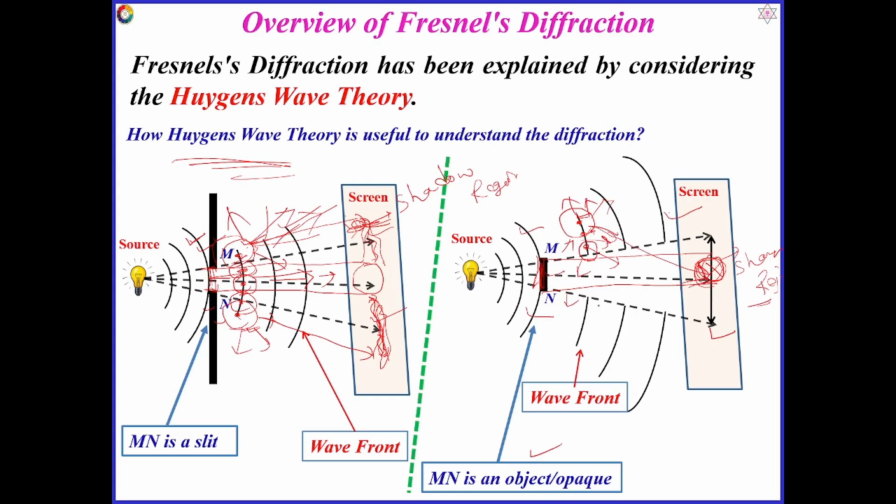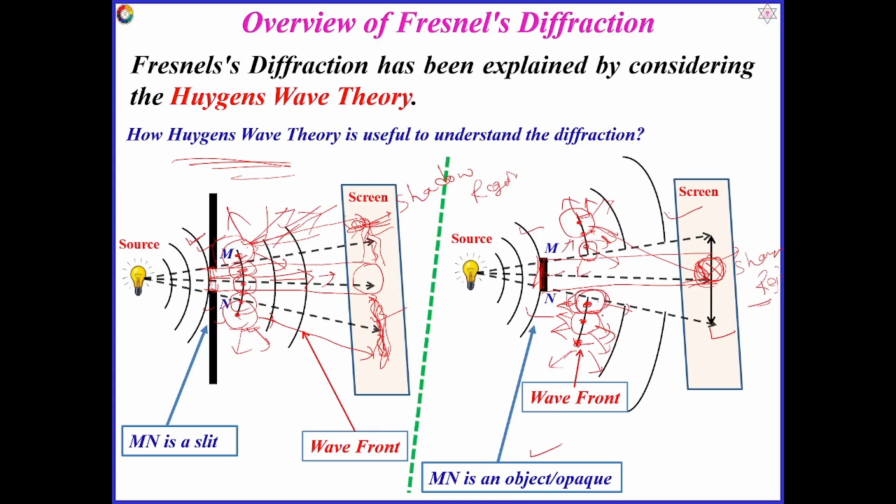Now consider this wavefront. Each and every point acts as a secondary source. If this is a source, then from this source the wavefronts will travel in all directions. From this secondary source also wavefronts will travel in all directions, and likewise from this source also. Consider this wavefront.